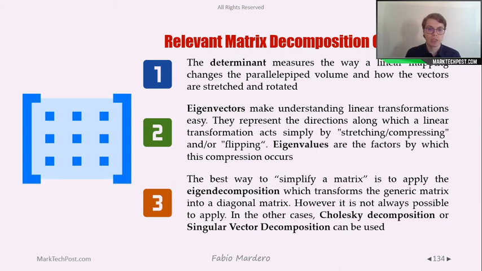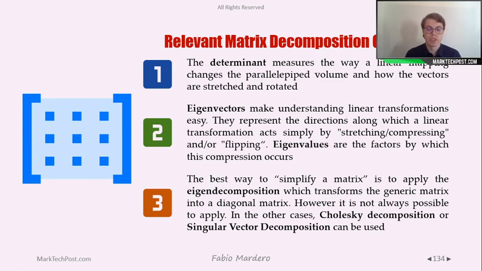We have then defined the eigenvectors that let us understand linear transformations better and more easily. The eigenvectors represent the directions along which the linear transformation acts, simply by stretching, compressing or flipping those vectors. The eigenvalues are the factors by which the compression, the stretching or the flipping occurs.